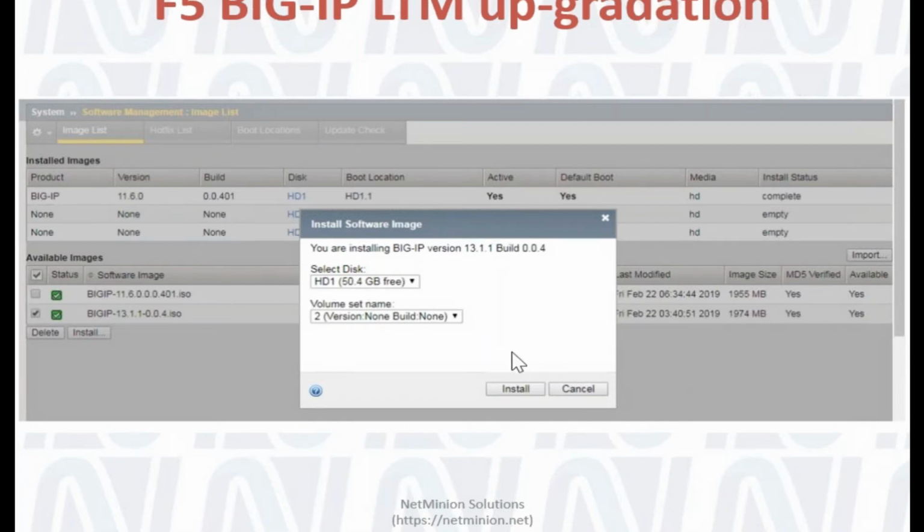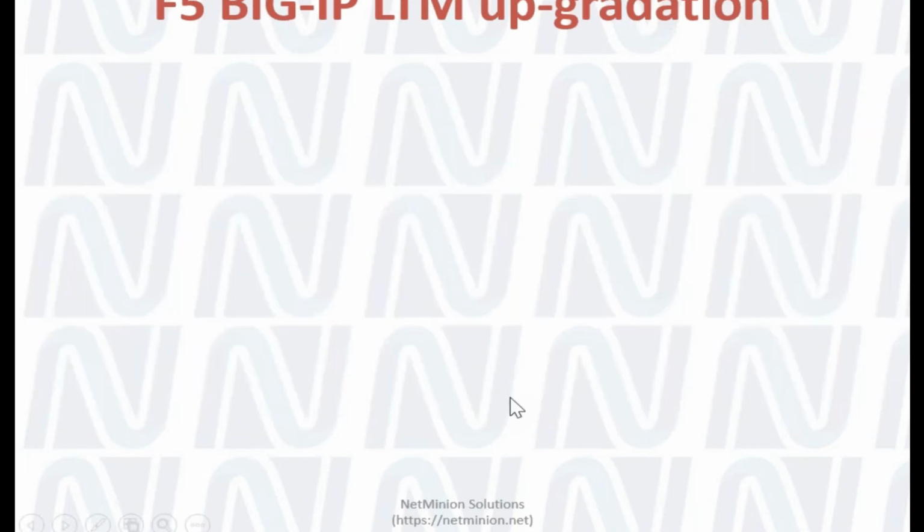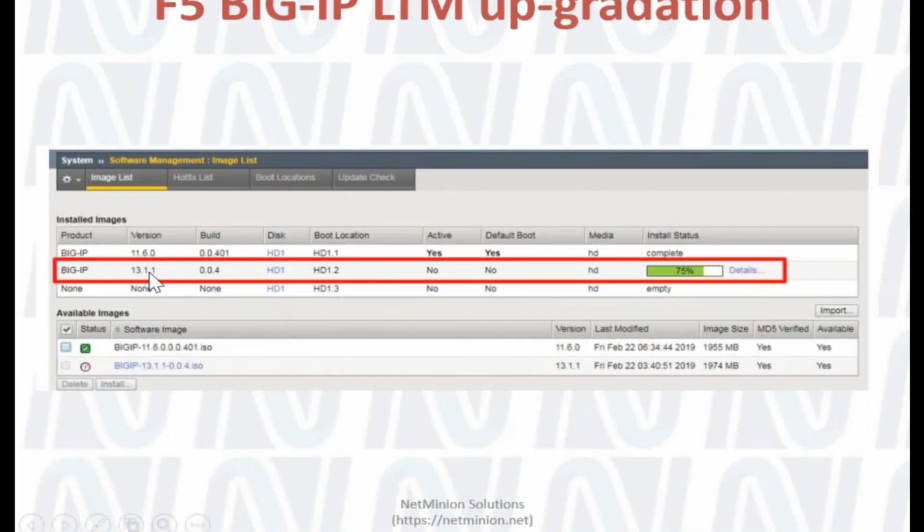When I click on install, it is also a non-disruptive change. You can do it beforehand. It will keep on installing into your directory now. Earlier your image comes into this directory, the shared image, and then from here it goes to the boot location SD1.2. You can see it is going 75%.